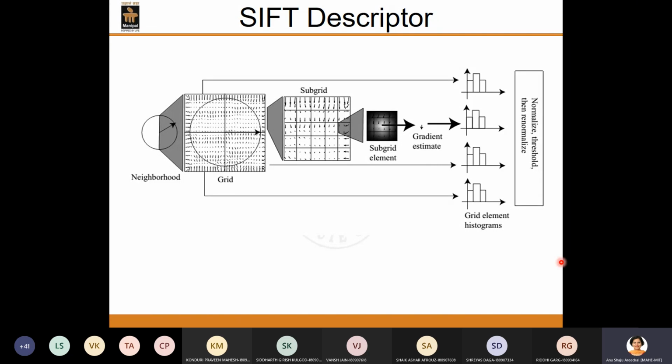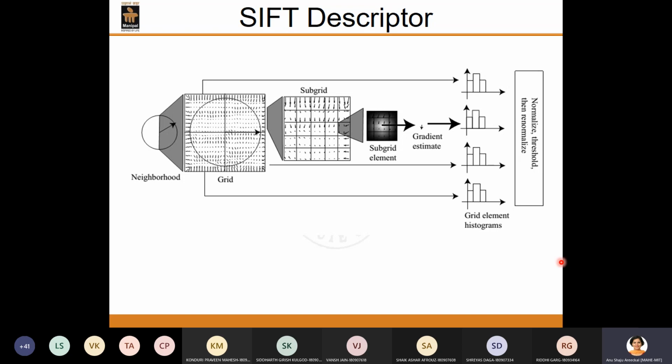Because we are able to vary the value of sigma, we are able to detect different blob sizes, or you can say it is invariant to the size or scale of the blobs which are present. Now in x, y, and sigma, what you have is basically the interest points which are present. This particular operation is called the SIFT Detector.